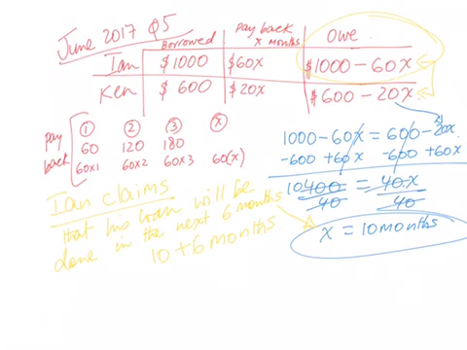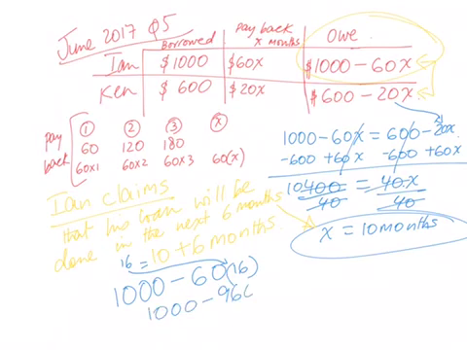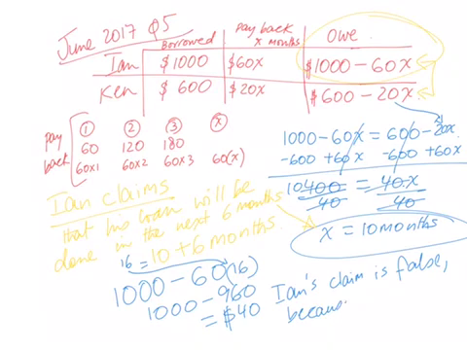So let's solve that. 1,000 minus 60 times 16. So we get 1,000 minus 960, which is still $40. So Ian's claim is false because he still owes his parents $40. Okay?